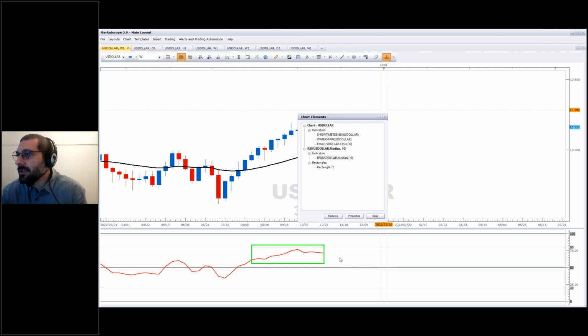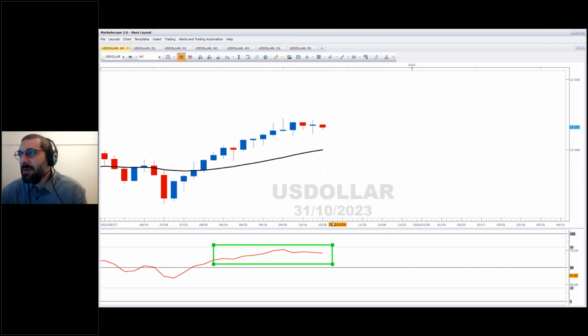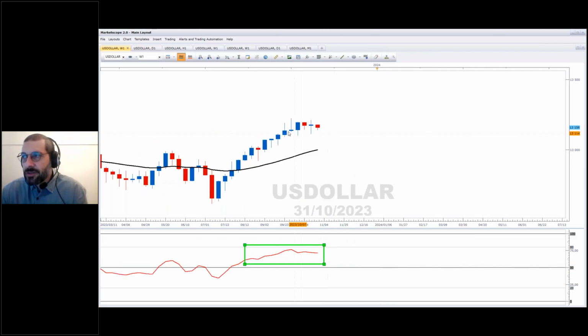We'll keep a rectangle. Okay, so the RSI we'll keep in just to indicate that it's above 50 and that there's an underlying bullish momentum. There's also, of course, the fact that the dollar candlesticks are above that 30-week exponential moving average, and the 30-week exponential moving average is moving in an upwards direction. So, of course, there are bullish signs here that we can see.